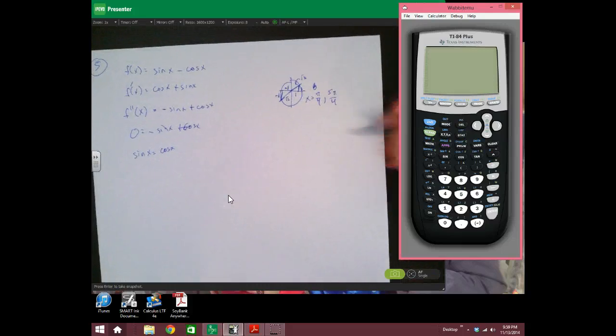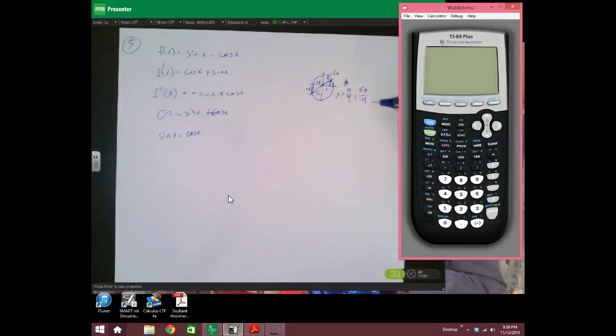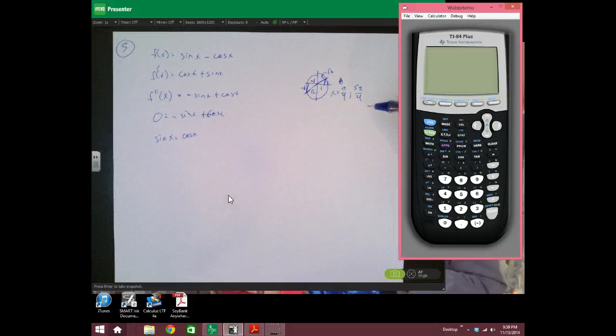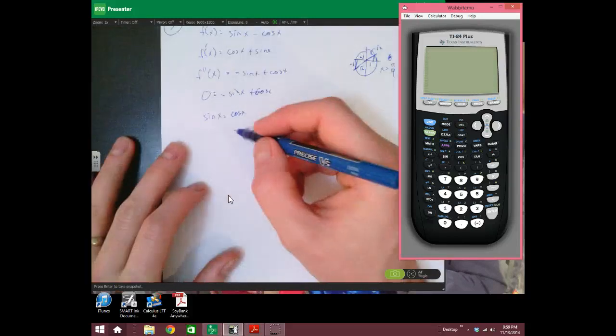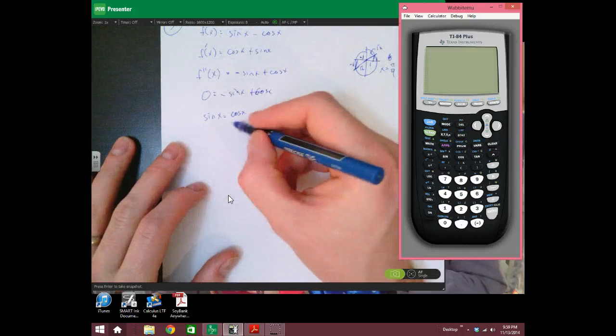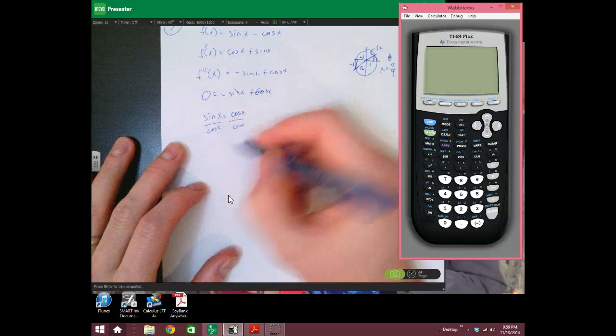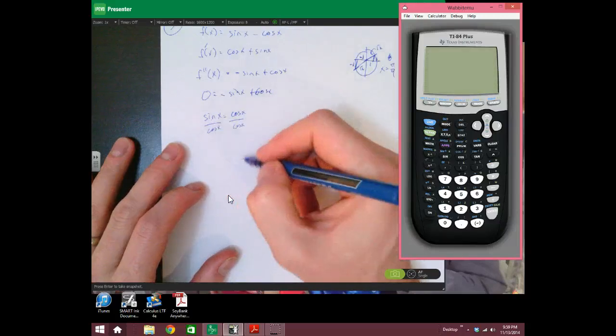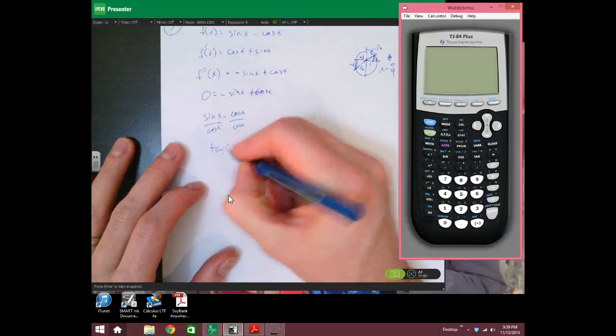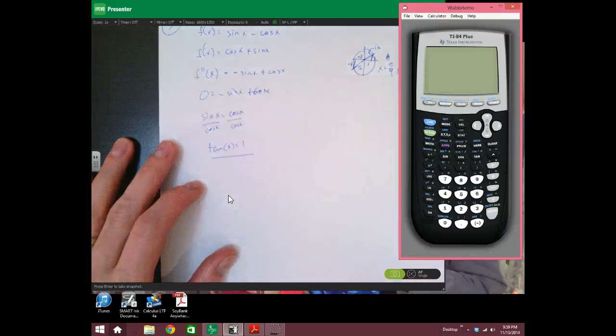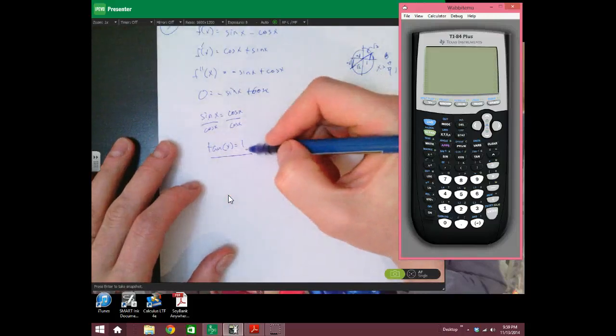The other way you could realize this is by going back to here and dividing both sides by cosine x. That gives us sine x over cosine x, which is really tangent of x, and cosine divided by cosine is 1.